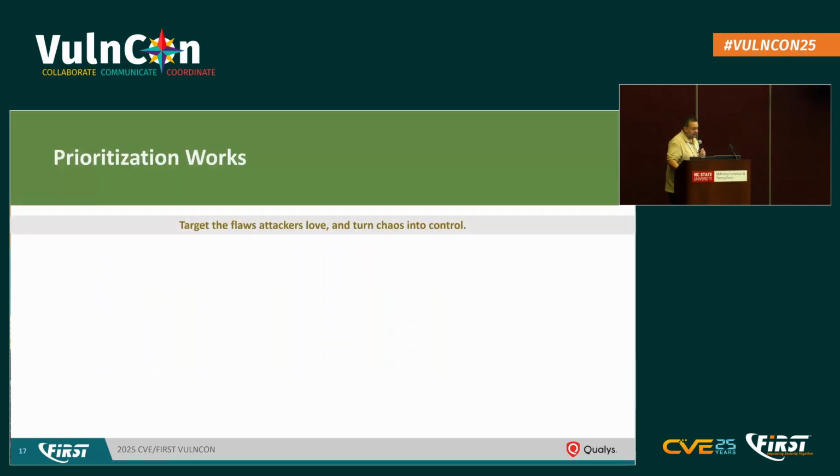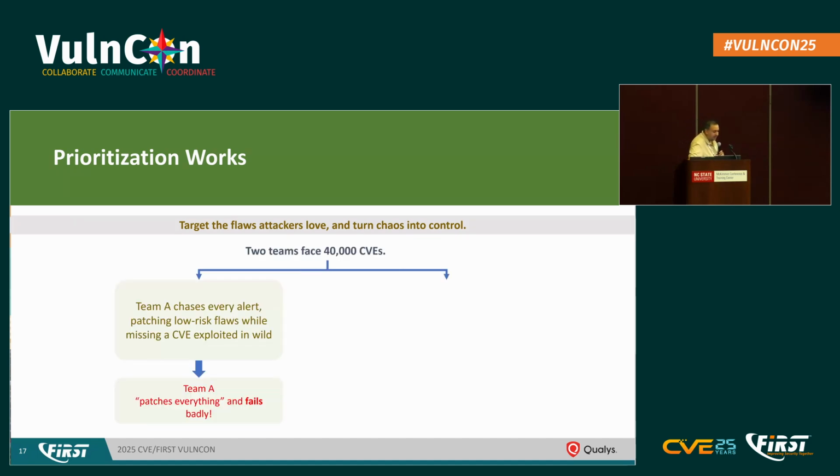One slide I have here clearly shows how this prioritization happens, and this is reality. If your team is trying to fix all those 40,000, that's not going to happen. And we all know it is also wrong if your team wants to just fix everything that is coming, right?